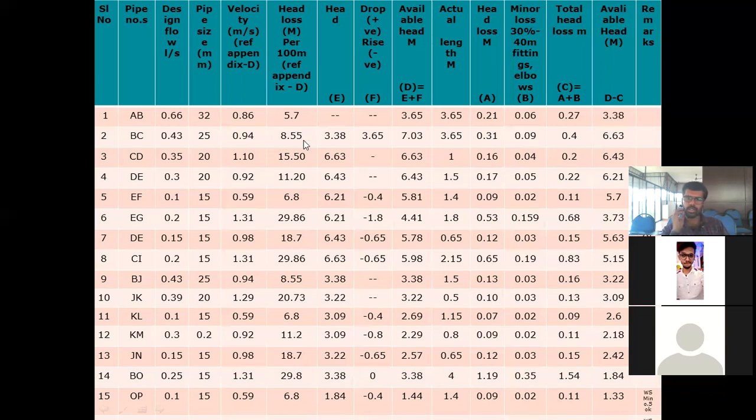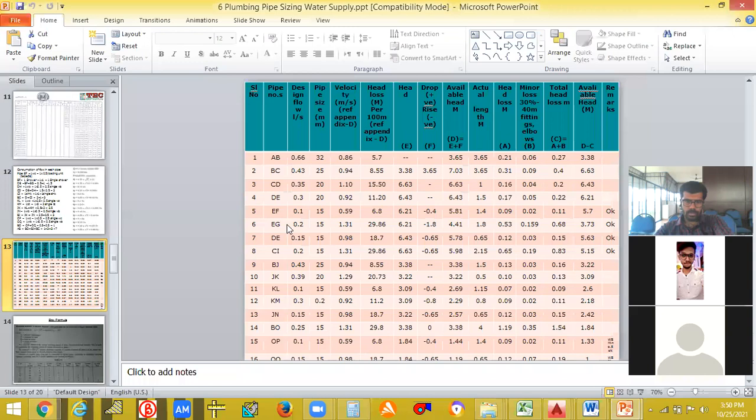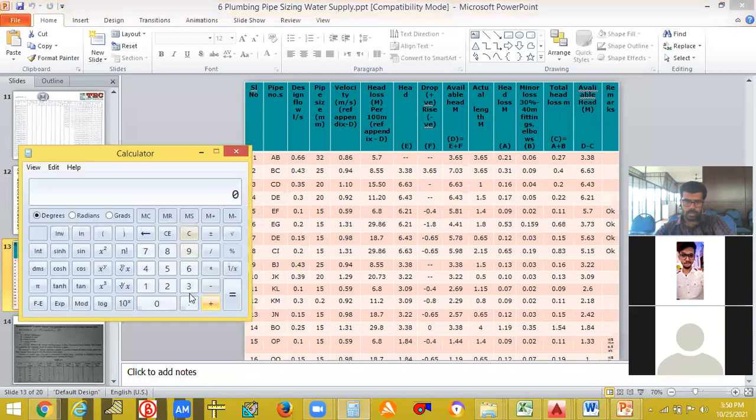Let's see how much you got, Shakal. So 0.208. So it is 0.21.